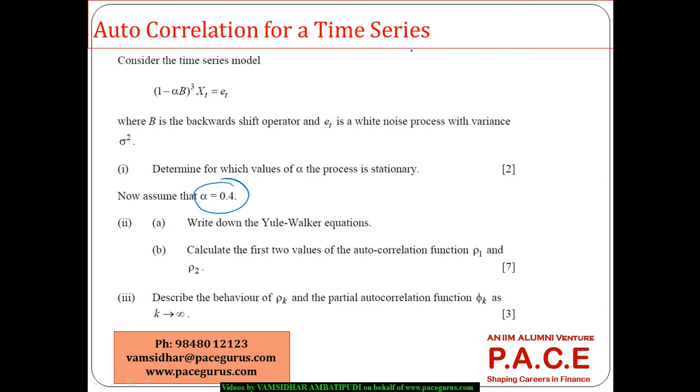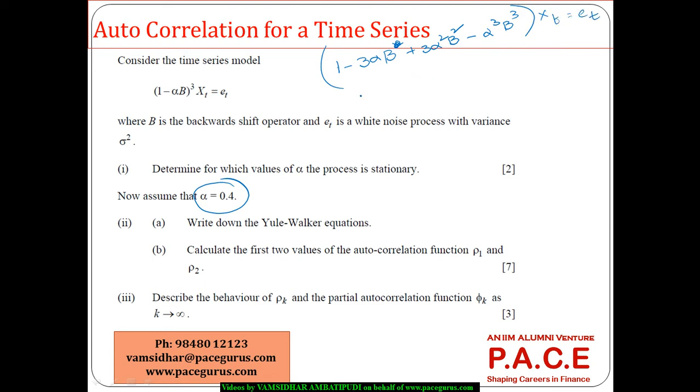Now I am asked to write out the Yule-Walker equations. What are the Yule-Walker equations? Basically, you expand (1 minus alpha B) cube, which is 1 minus 3 alpha B plus 3 alpha squared B squared minus alpha cube B cube, times X_t equal to e_t.